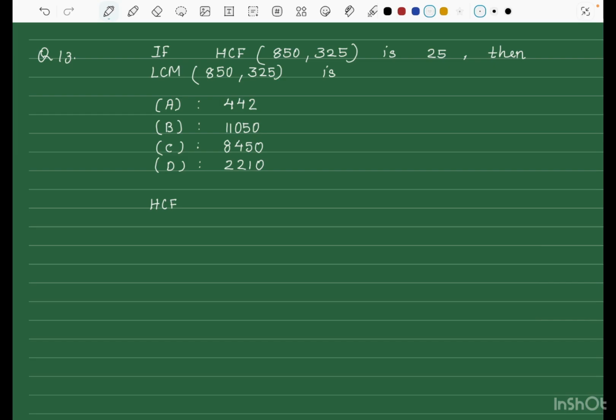We know HCF of a, b into LCM of a, b is equal to a into b. HCF of the numbers 850 and 325 is given as 25. Therefore, 25 into LCM of 850, 325 is equal to 850 multiplied by 325.